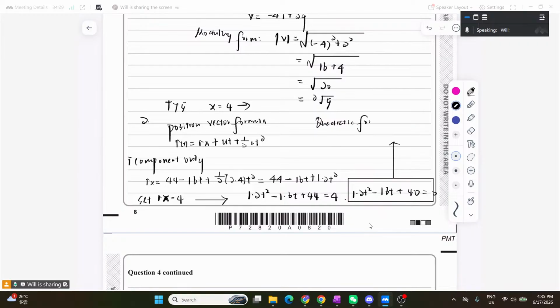Quadratic formula. Okay, t equals... and 40. Okay, and this one is a square root. This one, no problem.